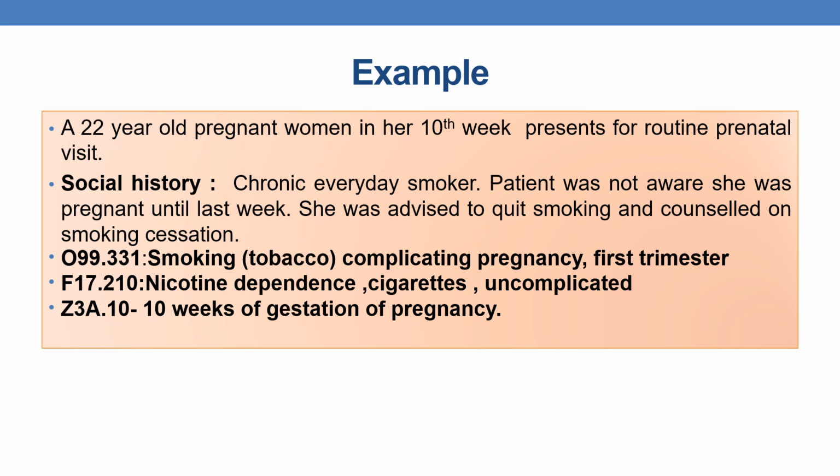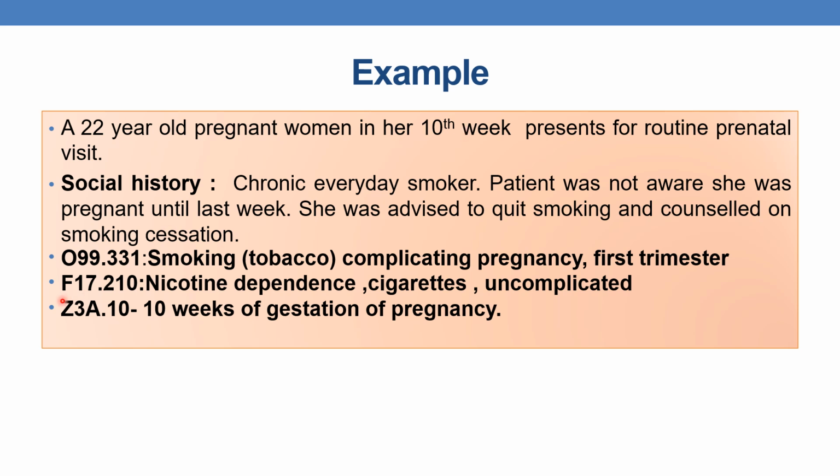Here the woman is in her 10th week and the pregnancy is complicated by smoking. So the appropriate code is O99.331, smoking (tobacco) complicating pregnancy, first trimester. 10 weeks means first trimester.